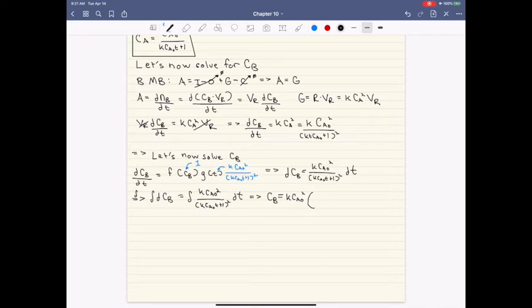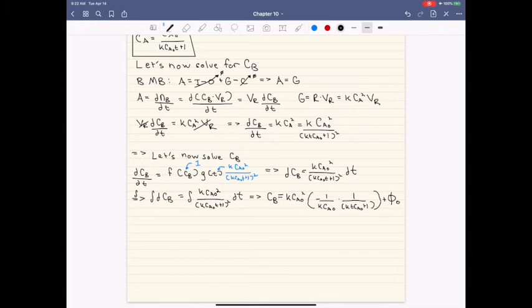And to integrate the bottom, you have to apply the chain rule. So what you end up with is something that looks like this. Times 1 over k t Ca naught plus 1. Okay? And since we're using indefinite integrals, we also need to remember our integration constant as well.